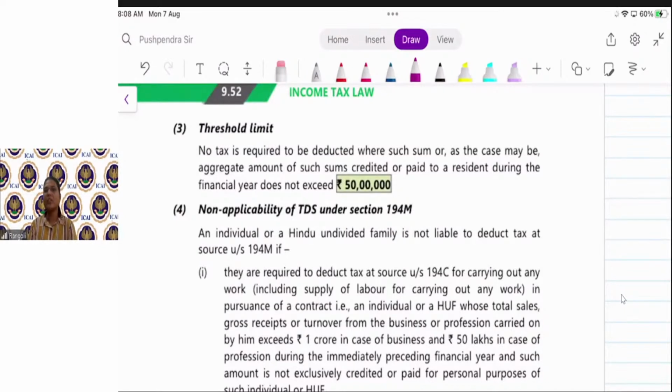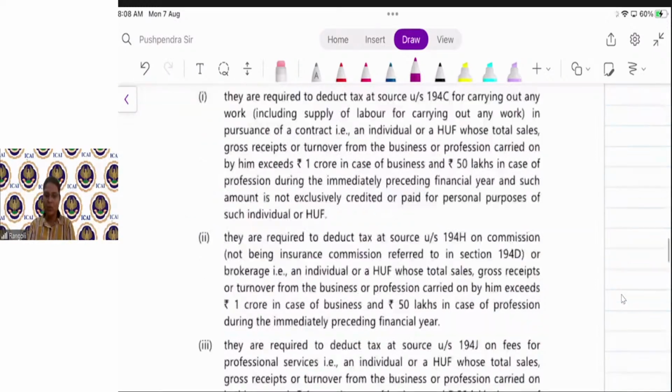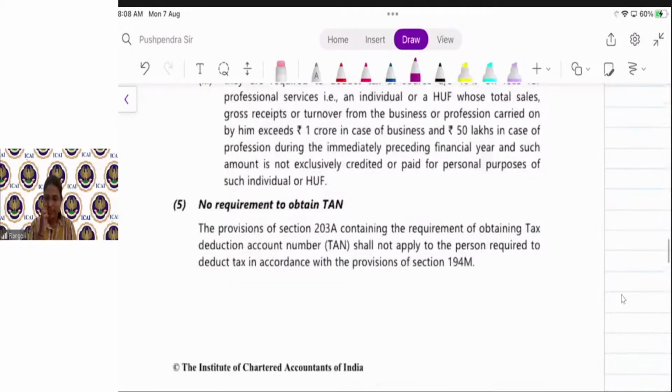Right? Then section 194M is not applicable. 194M is applicable only in that case when TDS is not required to be deducted under section 194C, 194H, or 194J. Here also, you need not obtain TAN. You can file TDS return through PAN only.